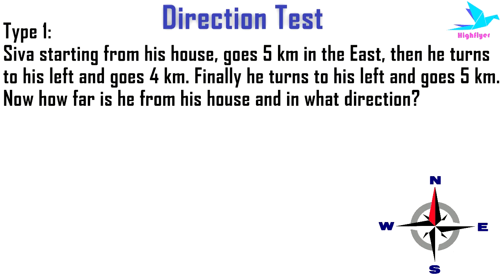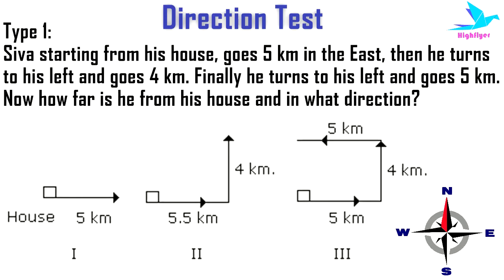First question. Shiva starting from his house goes 5 km in the east, then he turns to his left and goes 4 km. Finally he turns to his left and goes 5 km. Now how far is he from his house and in what direction? We can refer to the figure to understand this question.